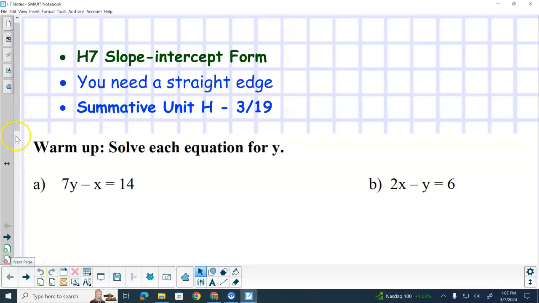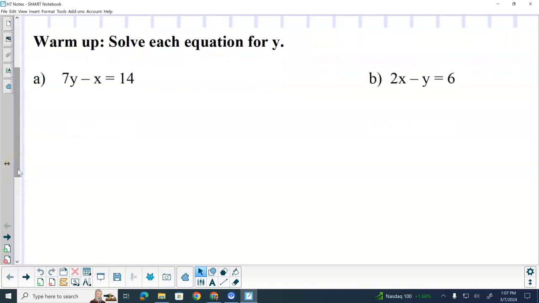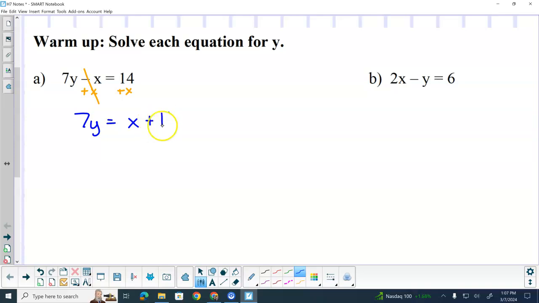Meg, we'll start with you. Going first. Add X. Seven.